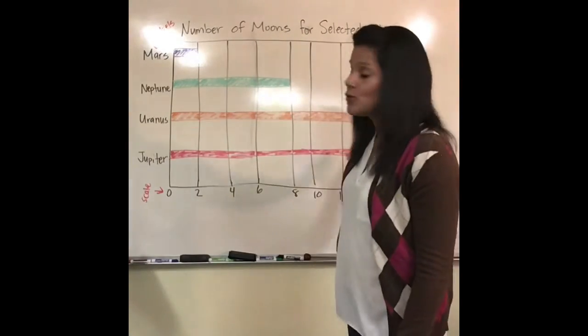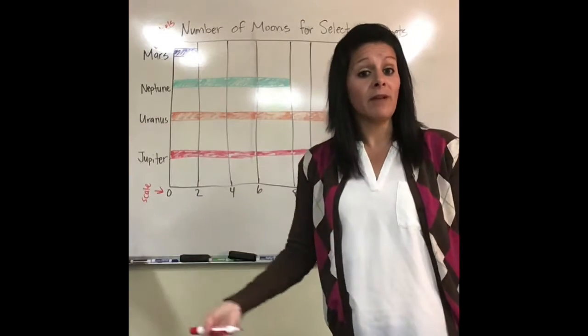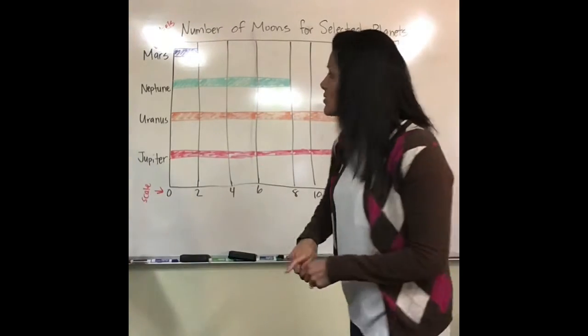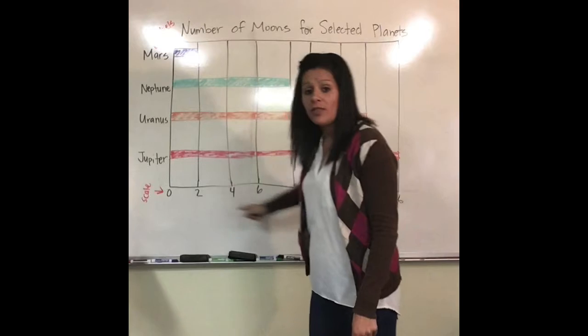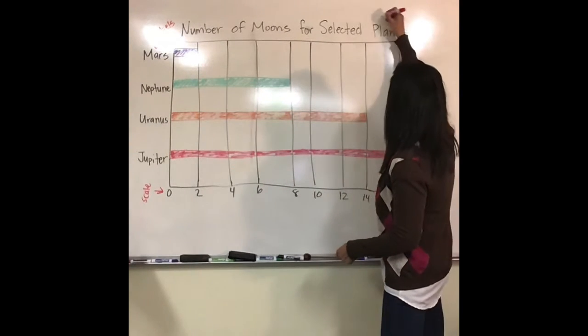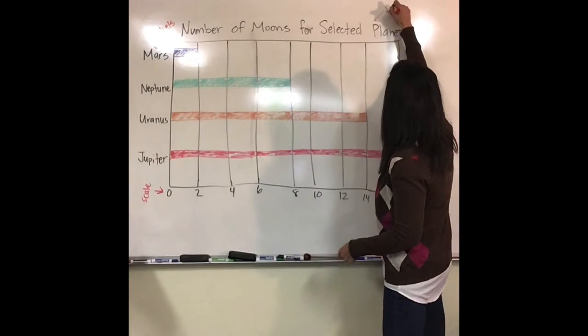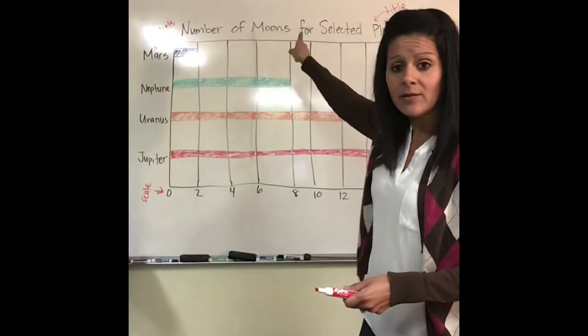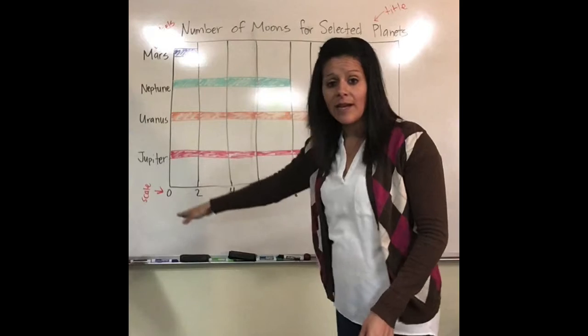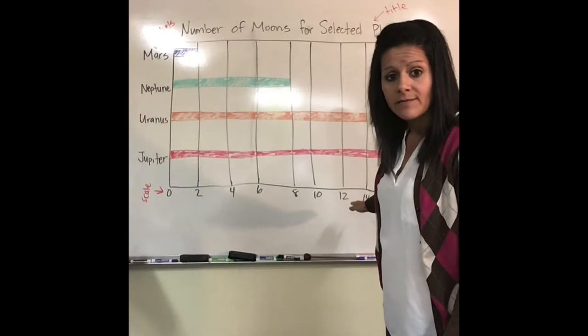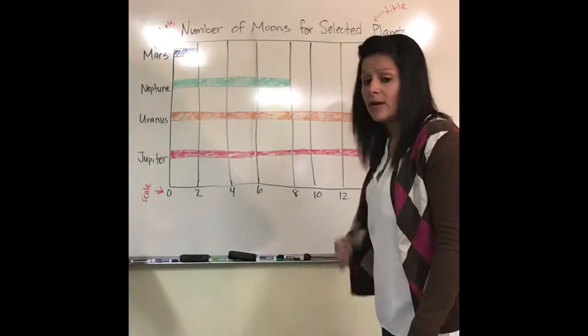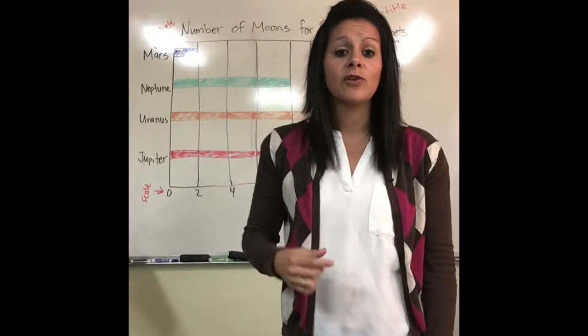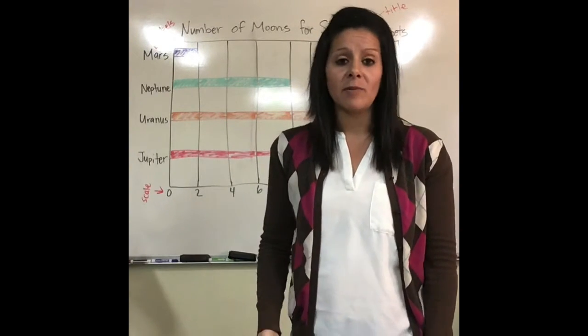You do not have to draw the whole entire graph, however that would be helpful, but please make sure that you draw a graph and put all the things on it that we need to label. Every graph needs a title, needs labels, and it needs a scale. Okay, everyone got that? Make sure you have that written down. Again, if you need to stop the video so that you can write that down, come back to my video when you're finished.